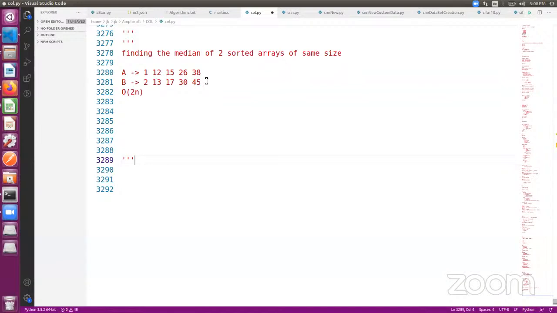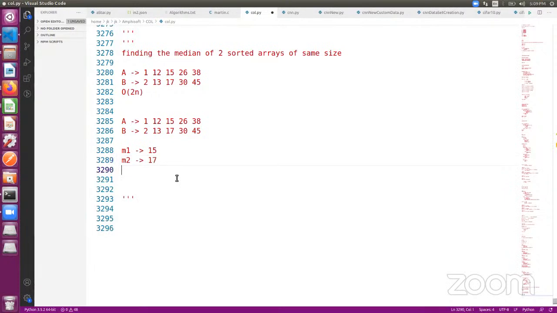You have array A and array B. You're going to find the median for array A and the median for array B individually. M1 is nothing but the median of array A, 15. And the median of array B, M2, is 17.